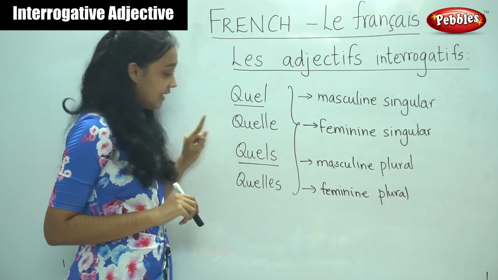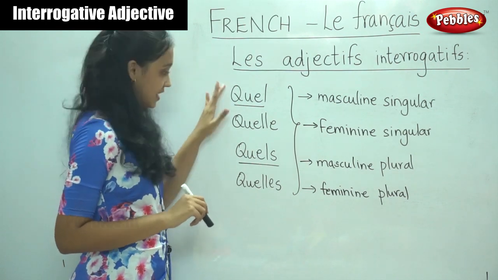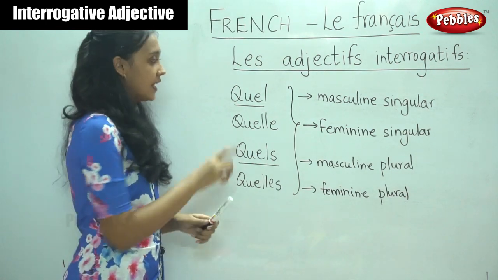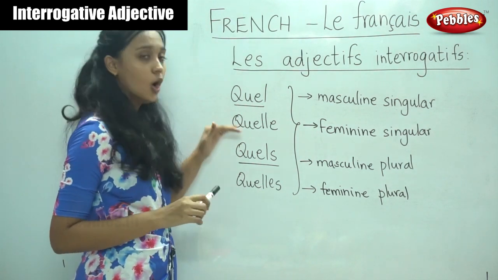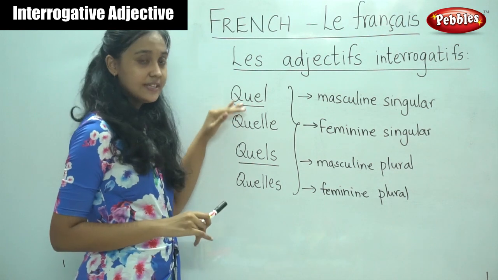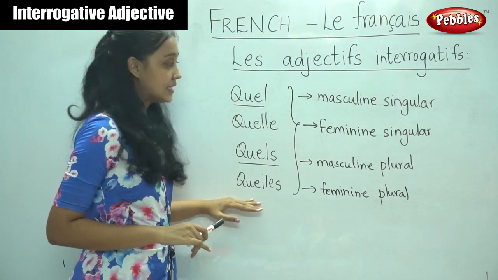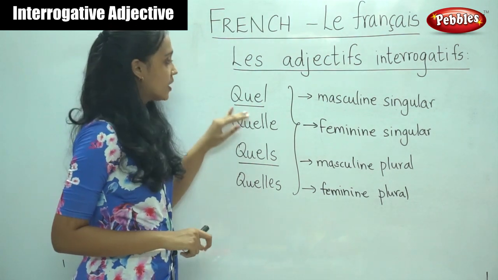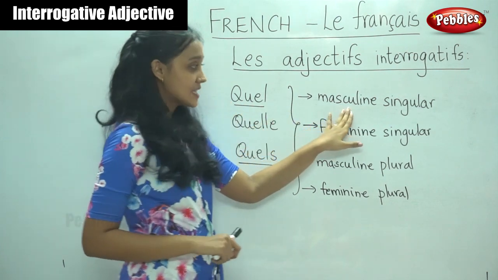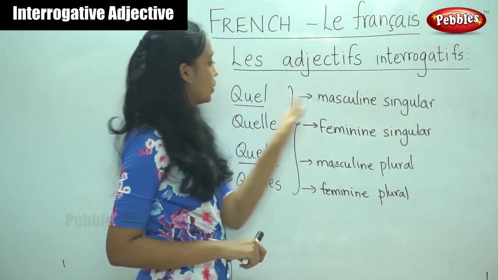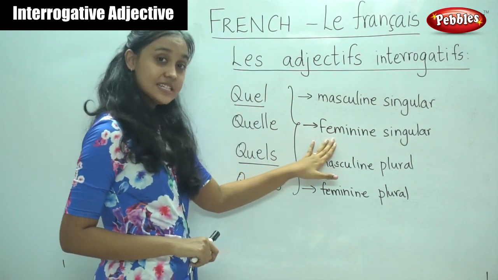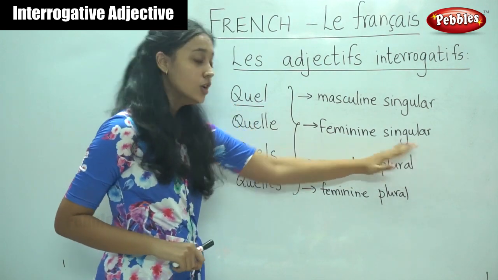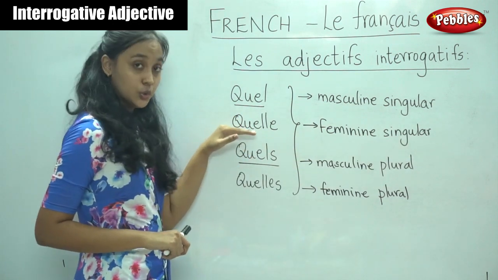Quel, quelle, quels and quelles. They are all pronounced the same. They all have the same meaning. It means what or which. However, their usage differs depending upon the noun. So, if the noun is a masculine singular noun, we use quel. If it is a feminine singular noun, we use quelle.